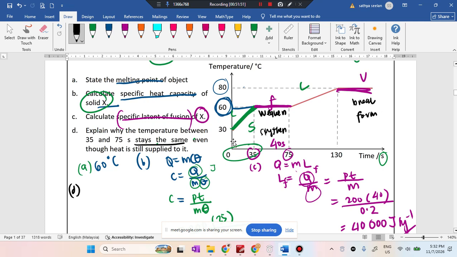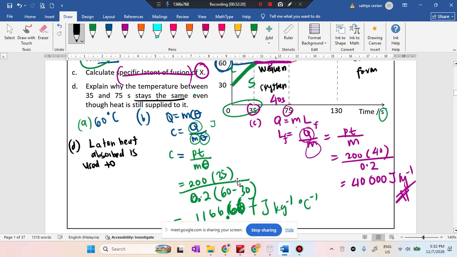Okay? Now, explain why the temperature 35 to 75 stay the same. Heat, this is latent heat, right? So latent heat absorb is used to, dekat sini adalah peleburan you punya melting.